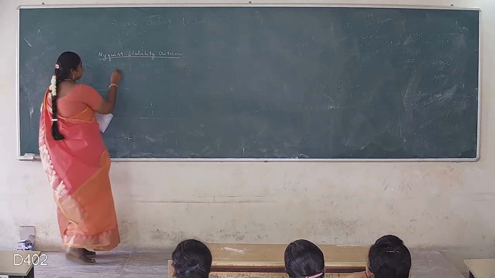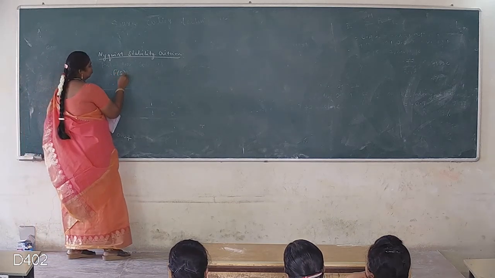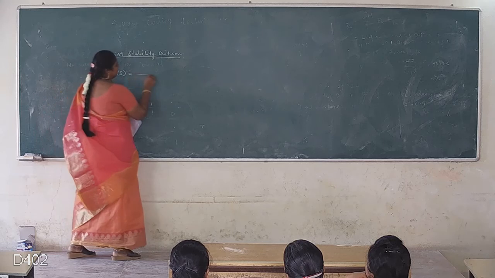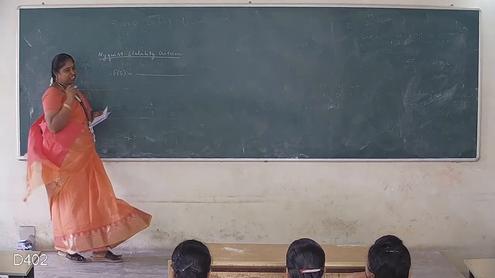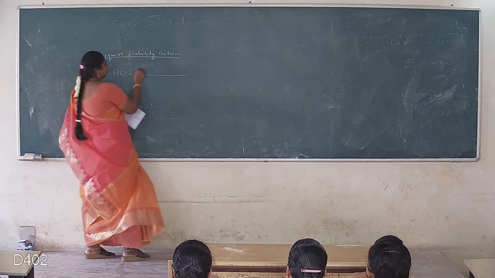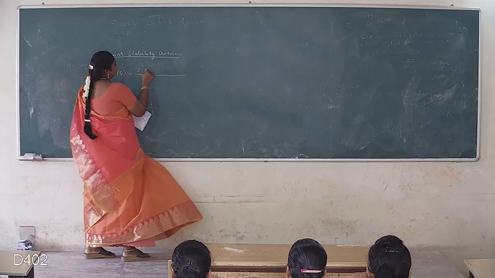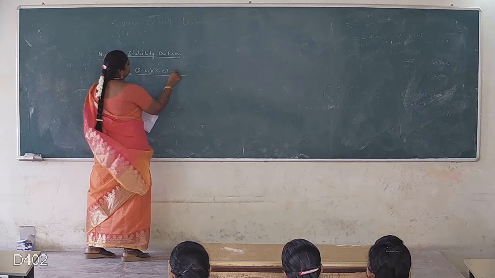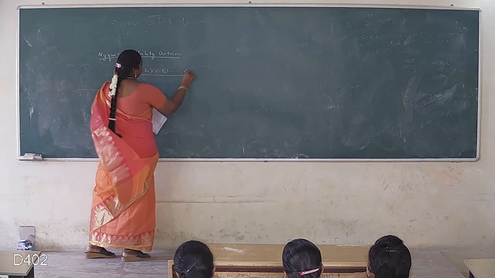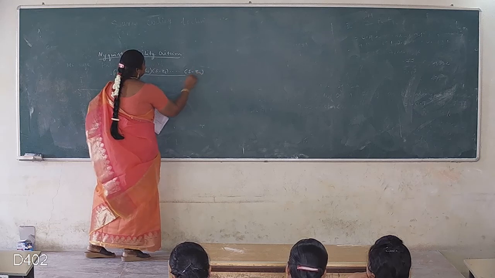First, let us consider a polynomial function f of s, which is the ratio of a numerator polynomial and a denominator polynomial. The numerator can be described as s minus z1, s minus z2, up to s minus zm.